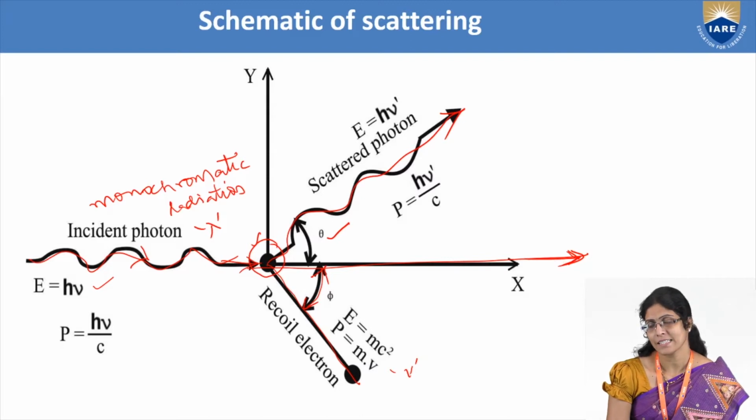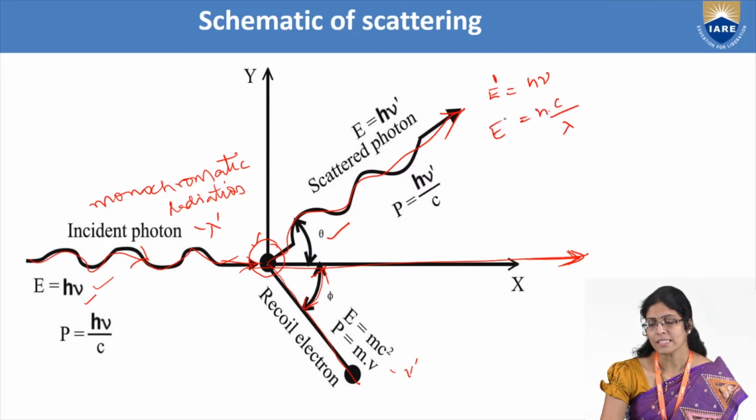What exactly is happening here? Initially E is equal to h nu, but here there is a change: the energy is lowered. So let me take the lower energy as E dash, where E dash is equal to h nu dash, with nu as c by lambda, as you know very well.